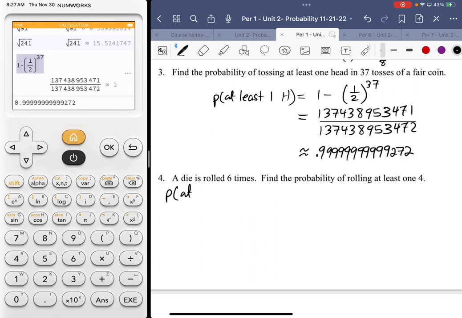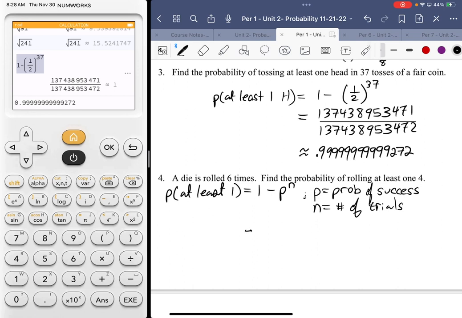Probability of at least 1 is 1 minus the probability of success raised to the nth power, where P is the probability of success and N is the number of trials. N could be a bunch of different possibilities, but in this case, the number of trials.